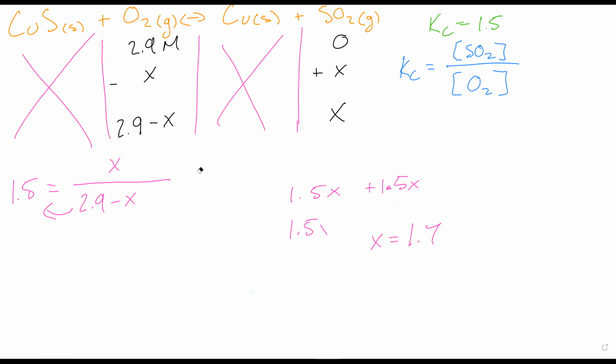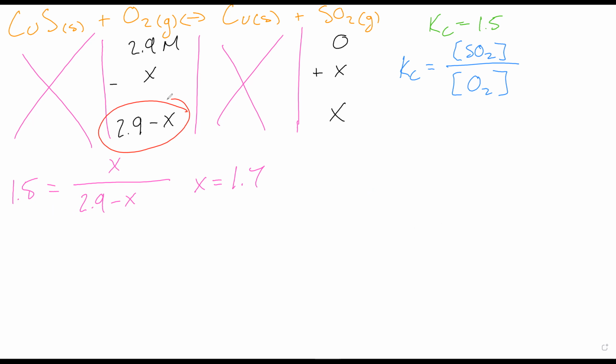so that we can get to the main part. So remember, what I care about here is the concentration of the oxygen, because that's what the question is asking for. I know what X is, I can solve for the concentration of the oxygen. Fairly simple. I use this formula to solve for oxygen. The concentration of the oxygen at equilibrium is 2.9 minus X, which is 1.7.